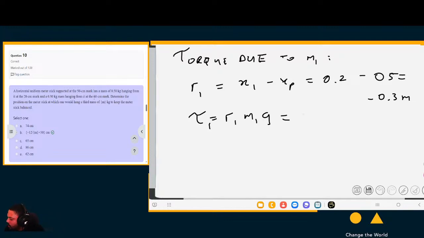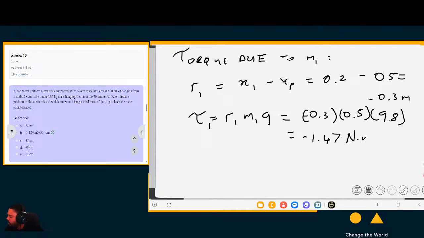That is negative 0.3, which is the distance, times the mass of m1, 0.5, times 9.8. Remember, the weight in this case is the force, and that gives us negative 1.47 Newton meters. That is the torque due to the first mass.